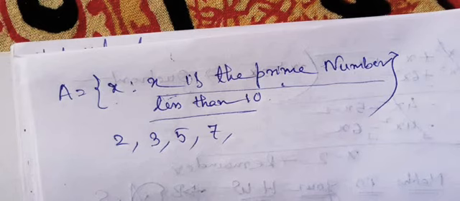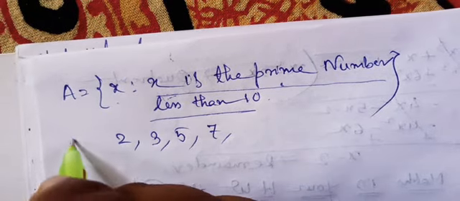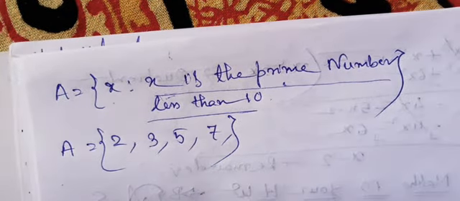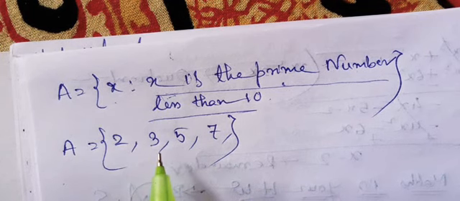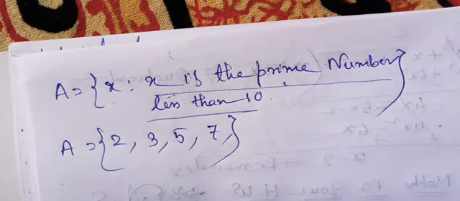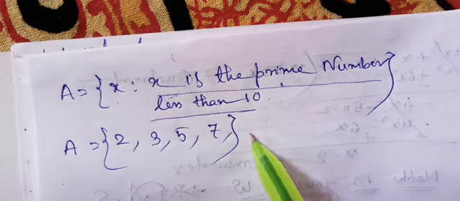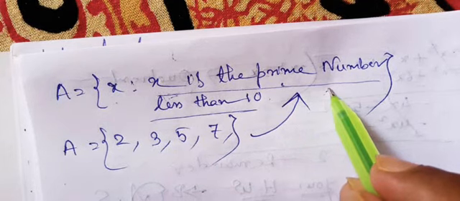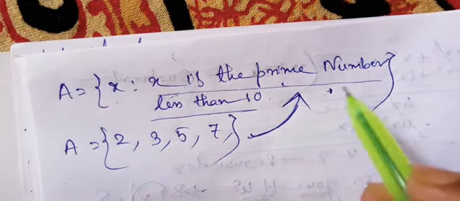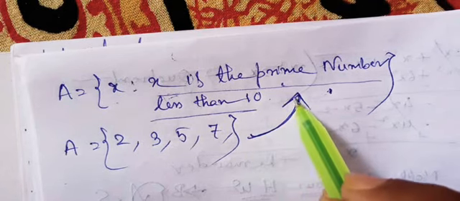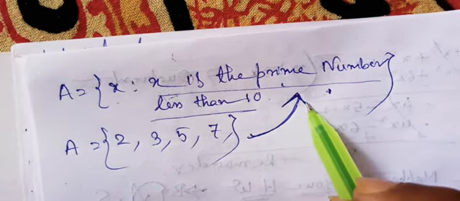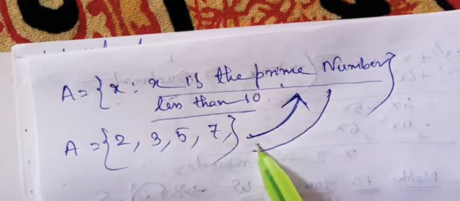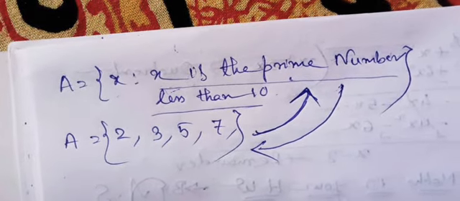So these are the prime numbers, and we can write it in roster form like that. Sorry, again I am mistaken. The set builder form of this set is this, and the roster form of this set builder form is this. Okay, so you are understanding that.